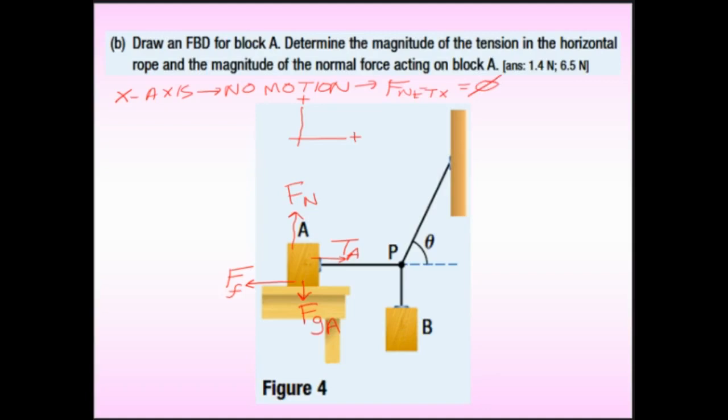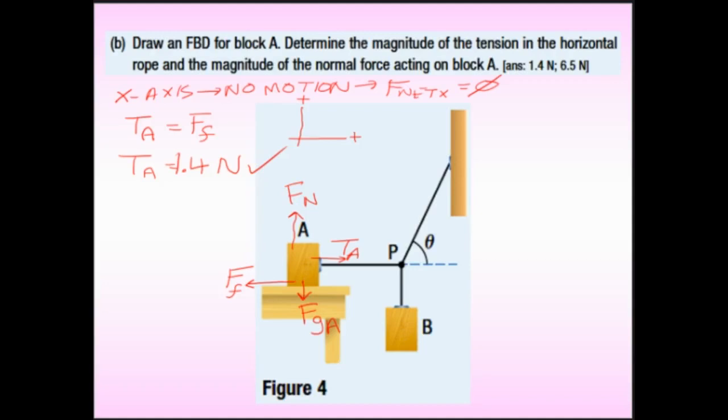Only on the x-axis, TA must equal what? FF. Done. That's it. So TA equals FF, which means TA is equal to, what did the question give us for the force of friction holding block A in place? 1.4 Newton. Done. That's all we have to do. No force analysis, nothing. More like a balance analysis.